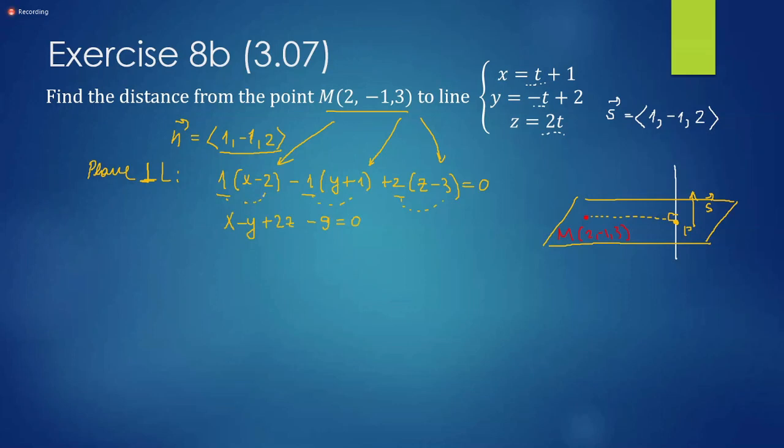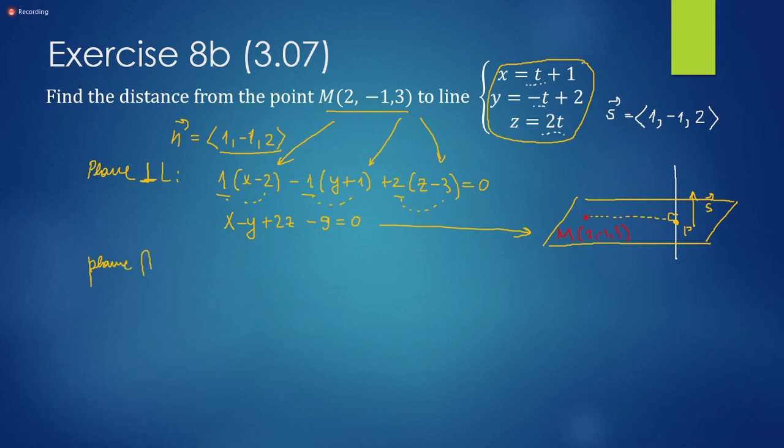Now we have the parametric equations of that line. To find the intersection point, we must now combine plane and line. Plane intersects line.